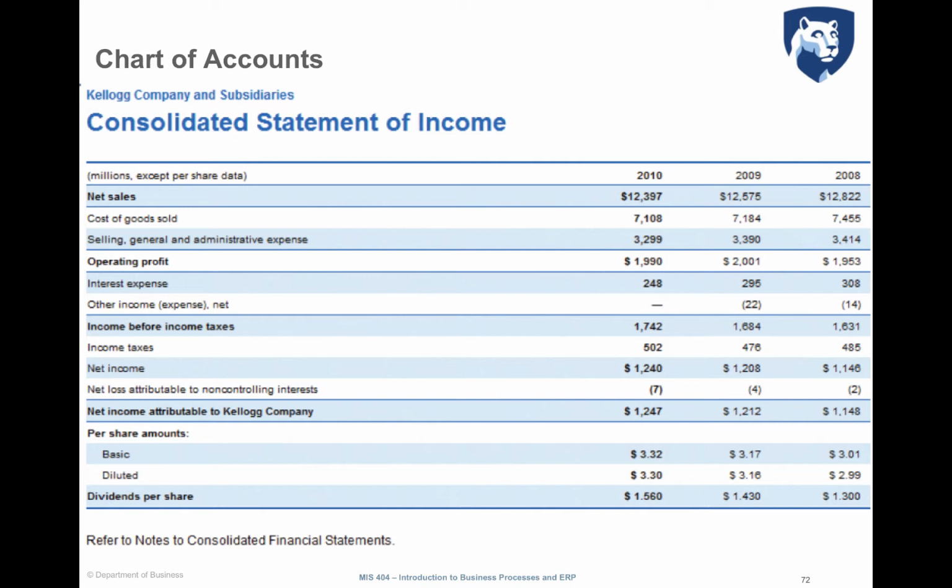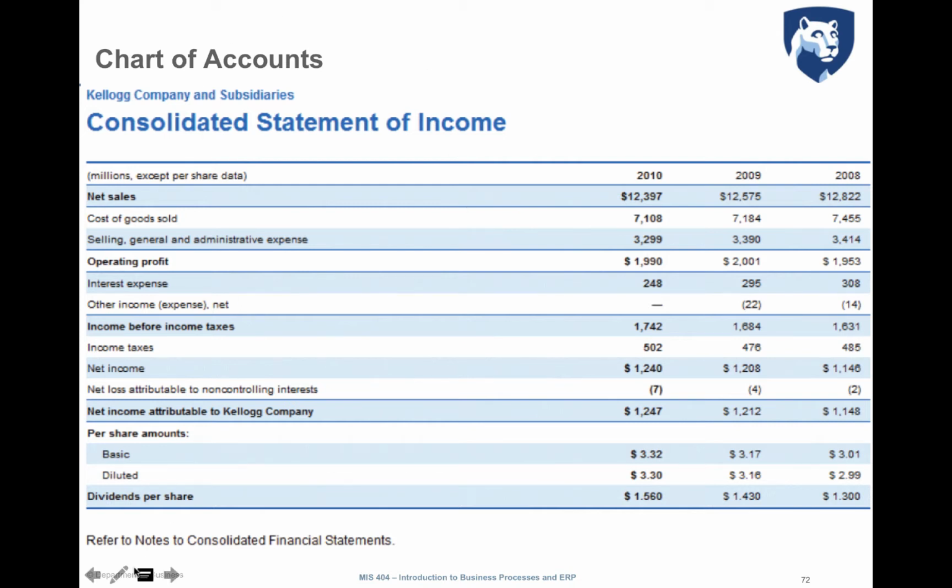So a group chart of accounts contains group accounts that multiple companies within an enterprise use to consolidate their financial reporting. Kellogg's is made up of different companies, each one using a different or similar chart of accounts. When an enterprise includes several companies, in addition to creating financial statements for each company code, like Kellogg's with Eggo, with Pop-Tarts, and so on, it must also create a financial statement for the enterprise as a whole.